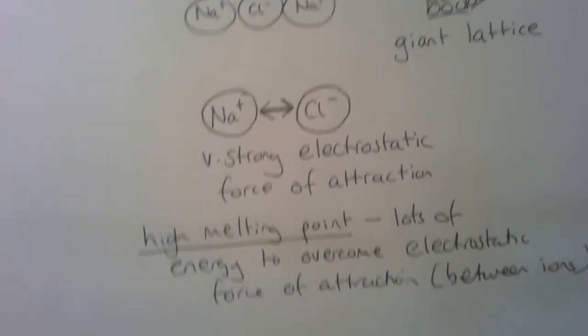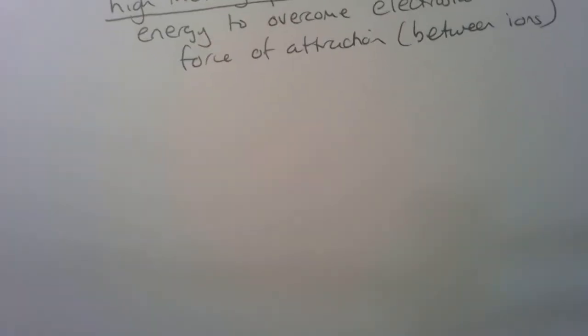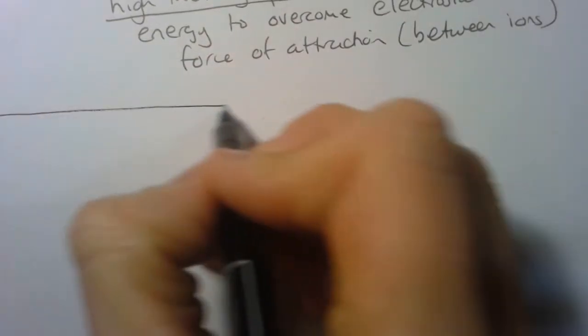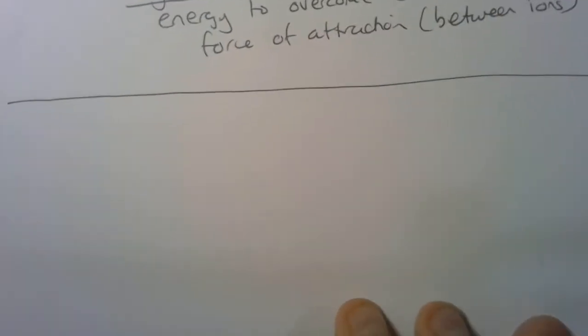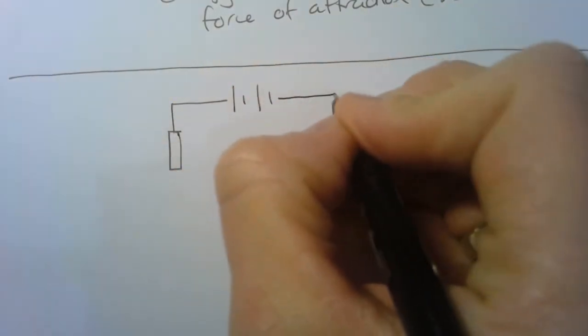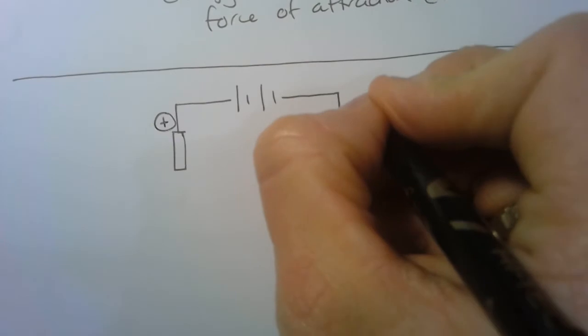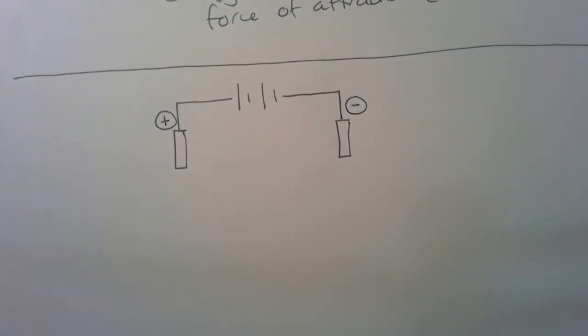There's another property we need to know about, and that's its electrical conductivity. So let's look at one of the situations where it will conduct electricity, and that is when it is a liquid. So I've got a battery here, and that battery is connected to 2 electrodes, one of which is going to have a positive charge, one is going to have a negative charge.